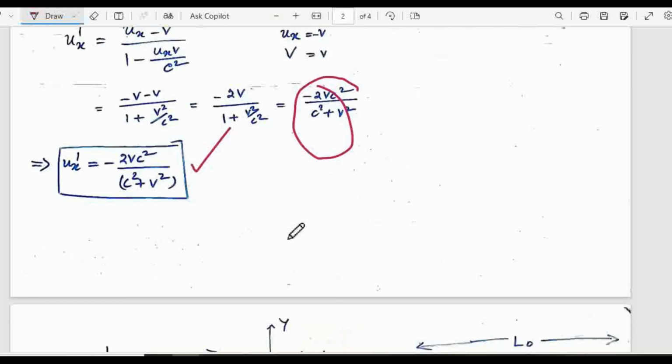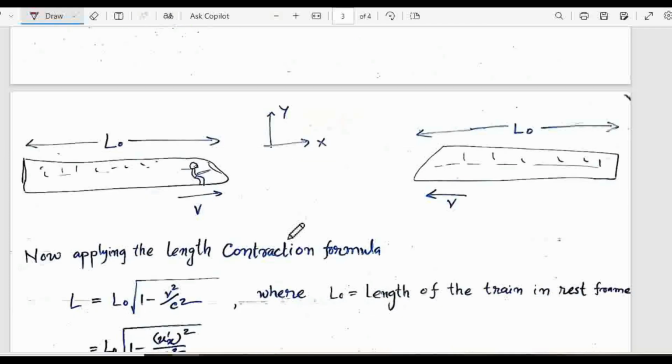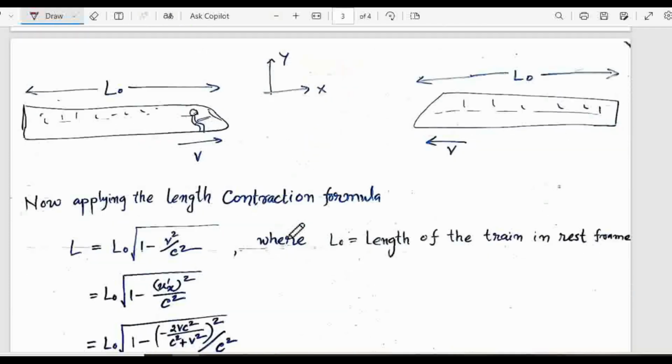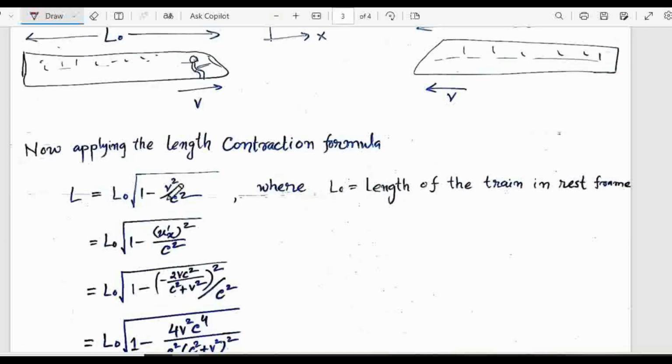Now we have to apply the length contraction formula. What is the length contraction formula? This is L naught times the square root of 1 minus v square by c square. Now what do we put for v? This v is not equal to this v.